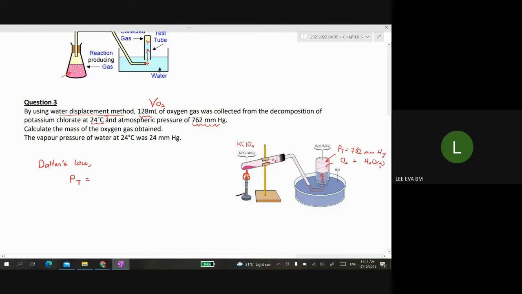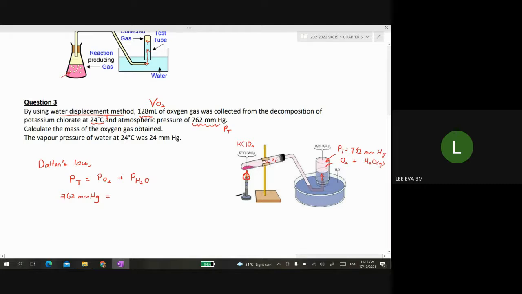PT equals to PO2 plus PH2O, plus the partial pressure of the vapor, of the gas H2O. Just now over here we mentioned 762 millimeter mercury refers to the total pressure. So now what do we want to find? What is missing inside this equation?